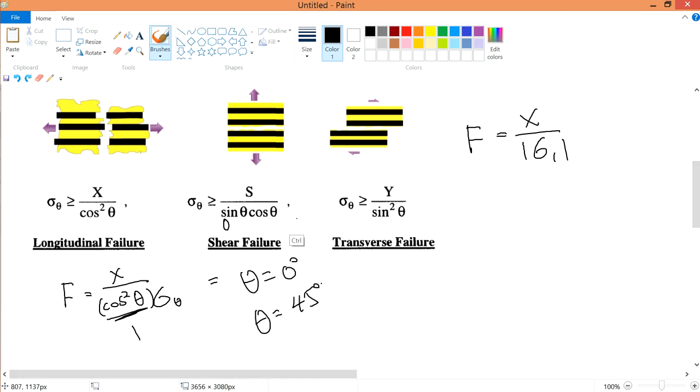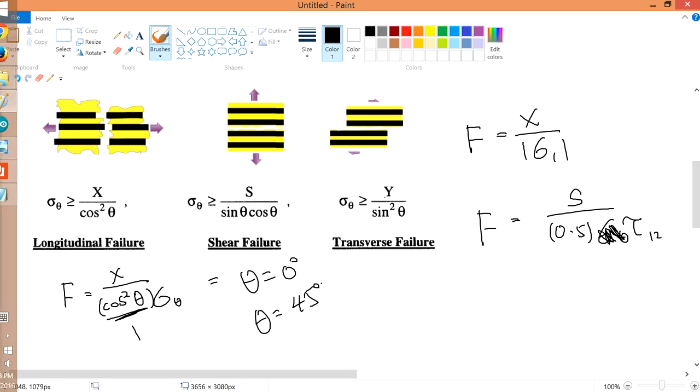So eventually you will know that your f is equal to s over this thing, which is actually 0.5 multiplied by your sigma theta. This is the shear stress. Instead of sigma theta, we should call it the shear stress 1, 2. Later in the tutorials we'll talk about it.